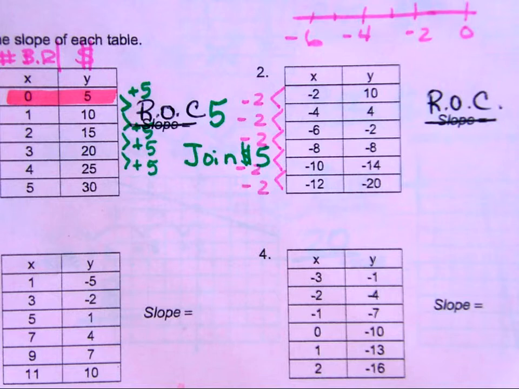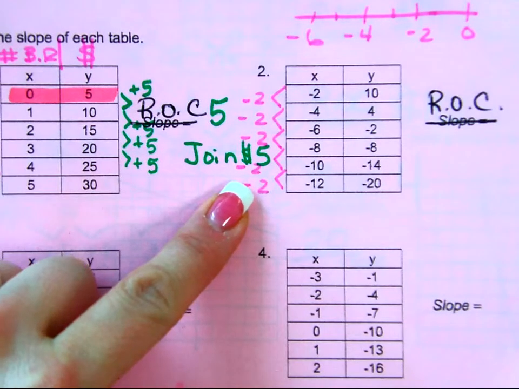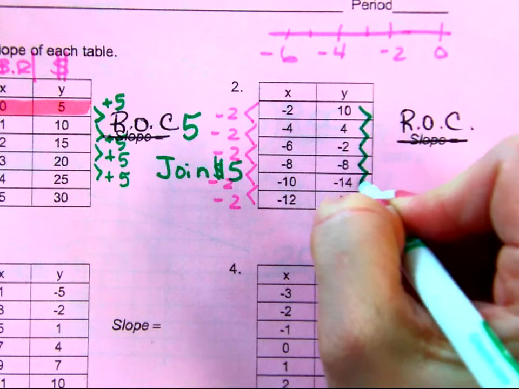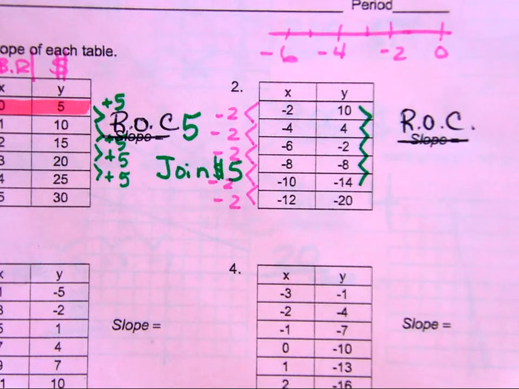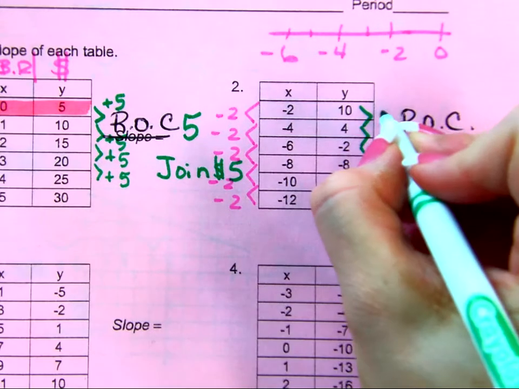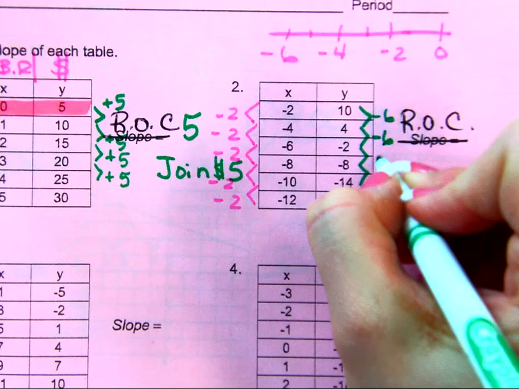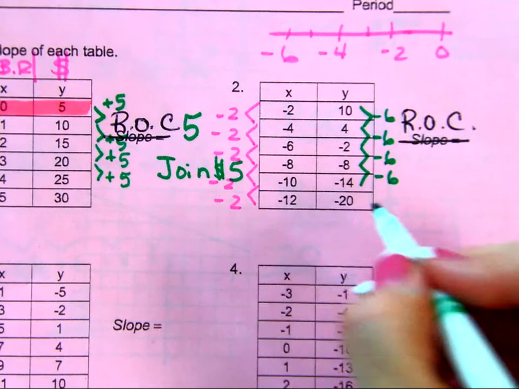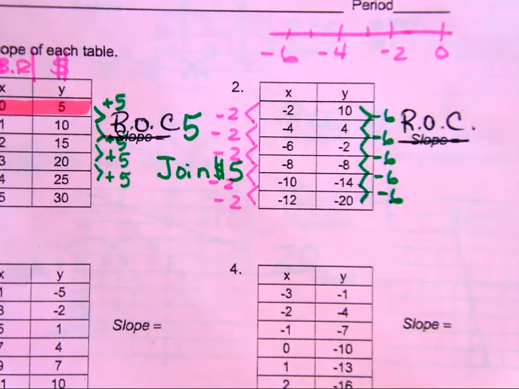And for every 2 that's going down, this is going what? Yes. No, not by 3. You said down by, thank you, Tammy, 6. I know, you say the answer before we're ready for the answer very often. So -6. Okay?